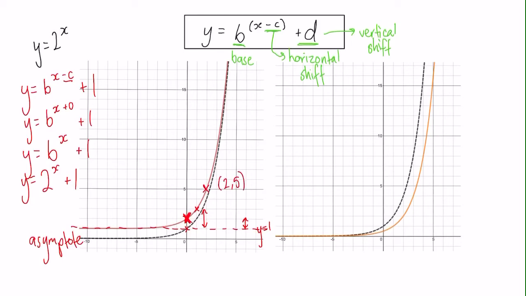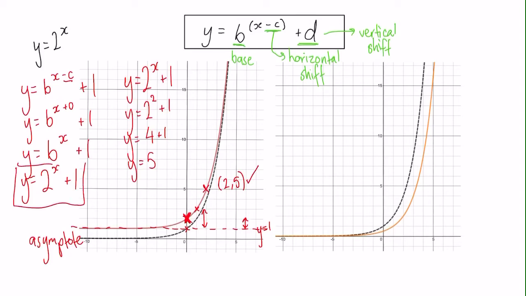I can read that nice and easily, so I'm going to substitute that into my equation. So I think this is my equation. I'm going to substitute in x is 2 and see if it comes out with 5. 2 to the power of 2 is 4, plus 1, y equals 5. Yes, that matches the point on my graph there, so I know this is my correct final equation.